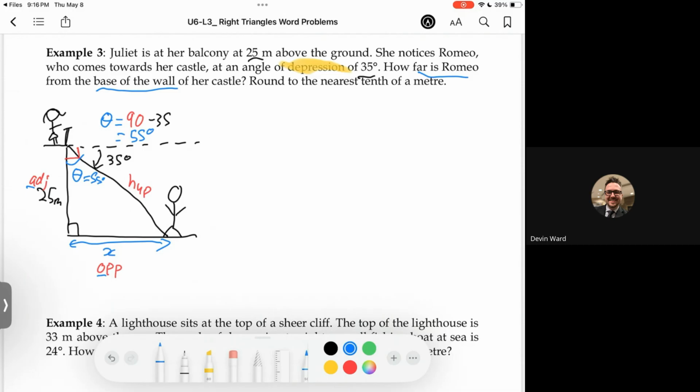I have O and A, which again will be tan theta, like question 1. Again, I have the opposite over adjacent for tangent. So tan of 55 degrees is equal to x all over 25 meters.